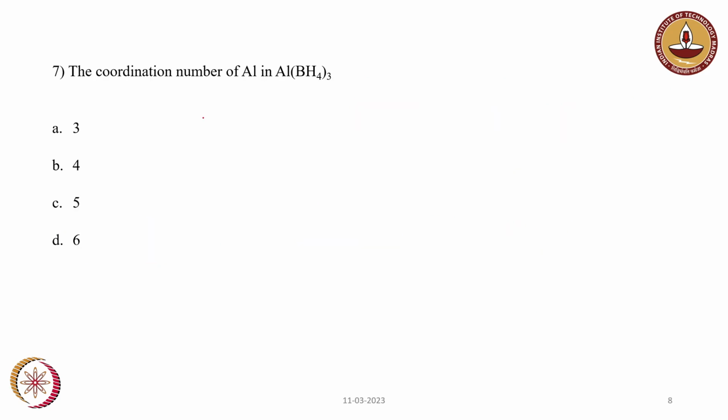The next question is the coordination number of aluminum in Al(BH4)3. Option A is 3, option B is 4, option C is 5 and option D is 6. So here Al(BH4)3 is a boron hydride complex, and here is the structure.